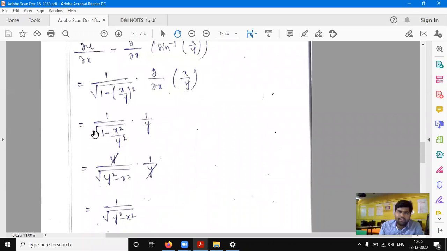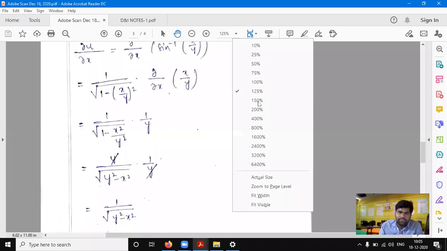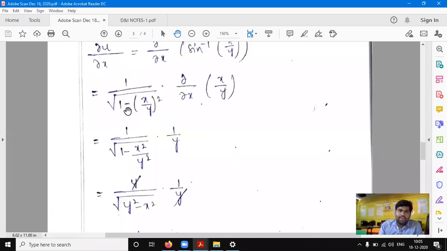Then that is equal to 1 by under root of 1 minus (x/y) whole square into ∂/∂x of x/y. Here 1 by y is constant, and the derivative of x is 1.